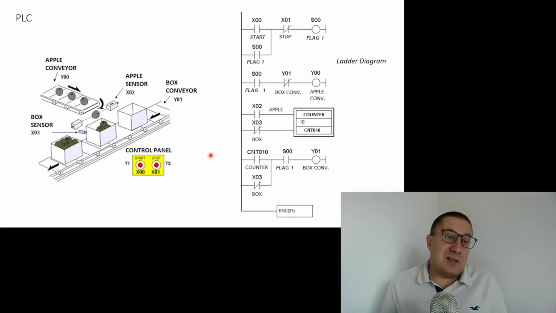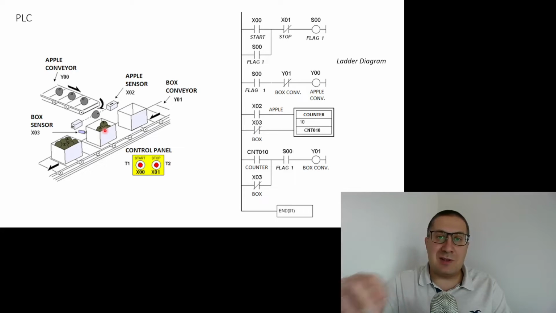In case of a factory, we can, for instance, use the PLC controller to control such a simple process where we have, I don't know, apples that are entering boxes, and we have to pack apples into the boxes. So our algorithm will start the apple conveyor if there is a box. So here's the box sensor.